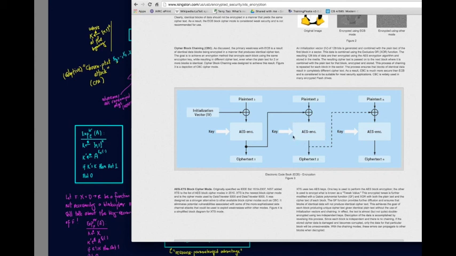Thus, if you can prove or you're willing to assume that the block cipher does not admit efficient attacks, it cannot be the case that the encryption scheme admits efficient attacks.